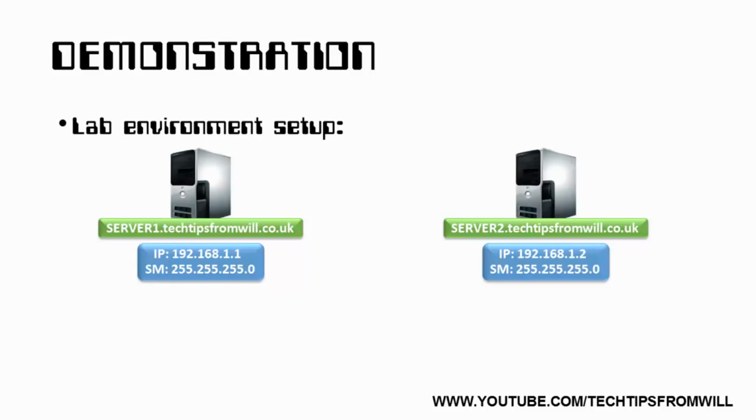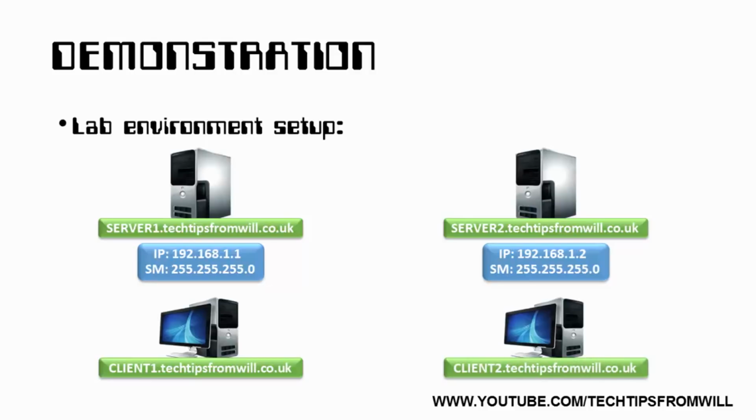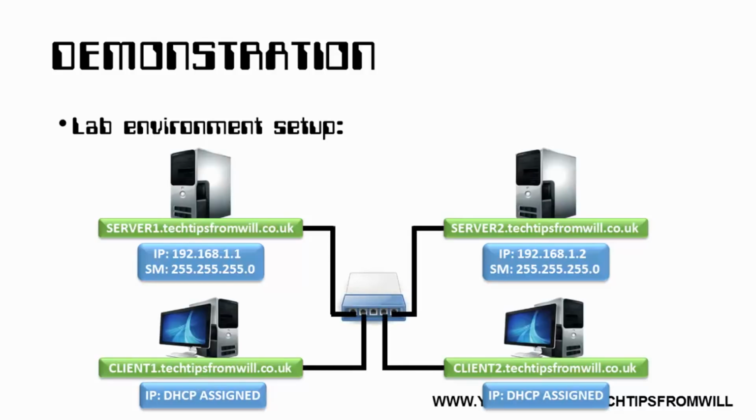I will also deploy two Windows 8.1 Pro client computers named Client 1 and Client 2. Both clients will be configured to use DHCP to obtain their IP addresses. All of these computers will be connected using Ethernet cables and a switch.